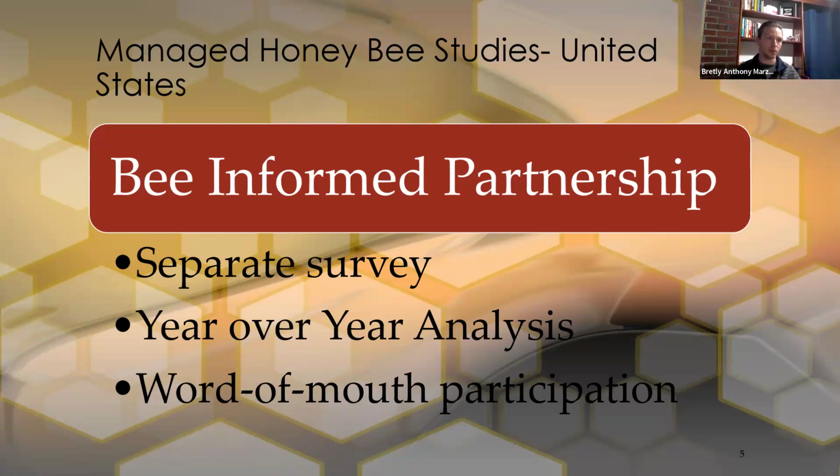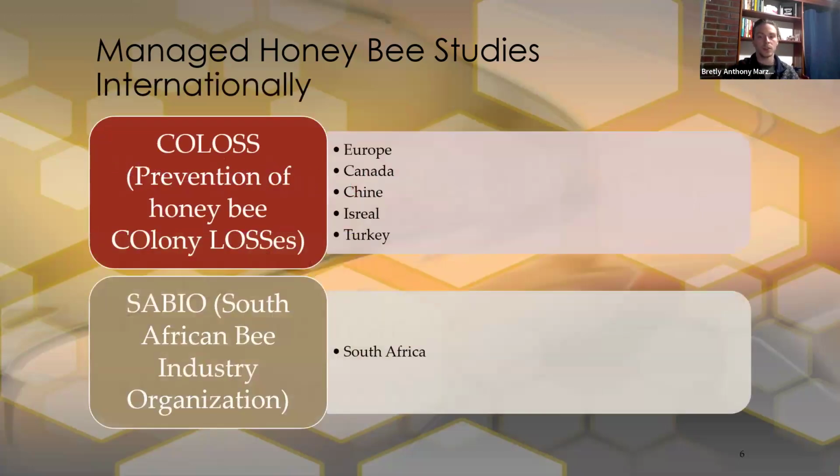And all the reports that they release on them are year over year. So we just got that one comparison from one year to the next in all of their reports, but they have been reporting on this for about a decade now. After that, moving into seeing what other countries or other organizations around the world are doing, I ran into these two organizations who do their own surveys.